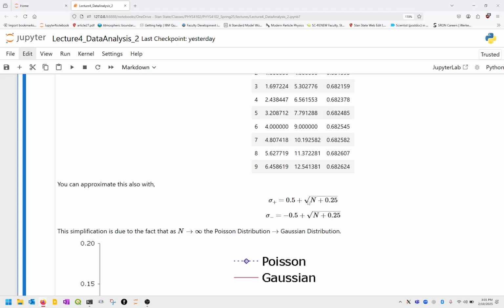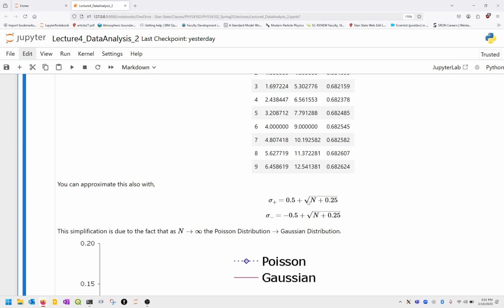Do you actually care about 0.25 when you're at infinity? So this is basically the square root of n. It's still infinity. You add a little bit to it, you don't care about that.